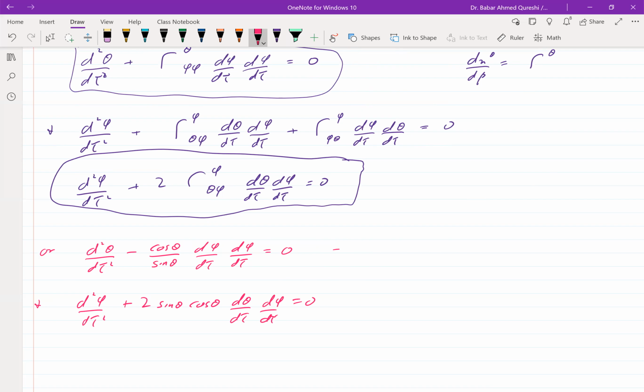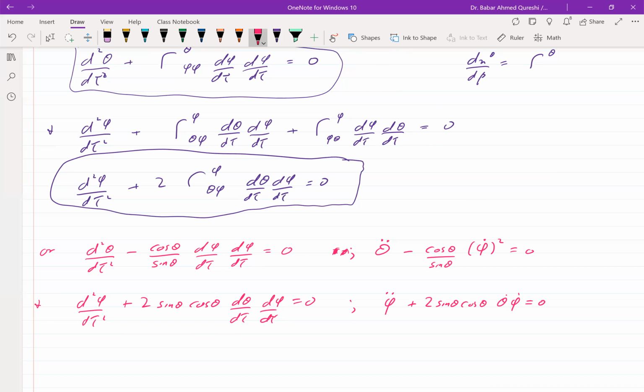These things I can write if I just use the dot notation. This is theta double dot minus cosine theta over sine theta phi dot square is 0. And this I can write as phi double dot plus 2 sine theta cosine theta theta dot phi dot is 0.